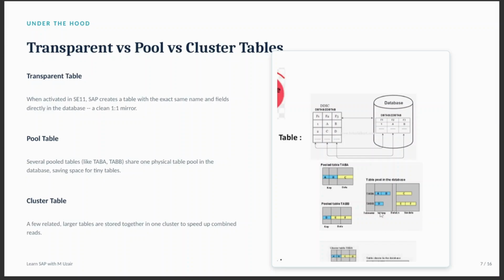These four tables are living in a single table, which is called a pool table, along with a couple of other small tables. And for cluster tables at the bottom, you can see multiple related tables stored together as one cluster, so SAP can read them efficiently in one go.